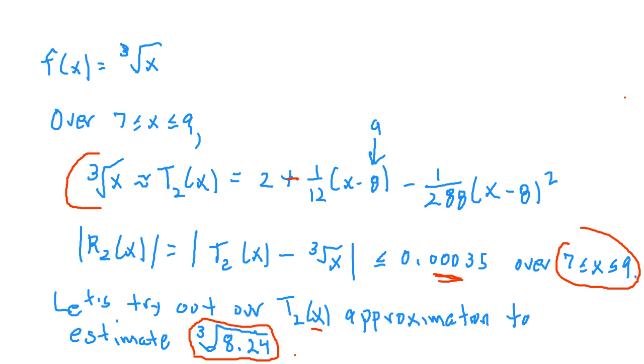The Taylor polynomials can be programmed into the computer to estimate something like the cube root of 8.24. And so I said, let's try out our approximation to estimate the cube root of 8.24. So how would we do that?